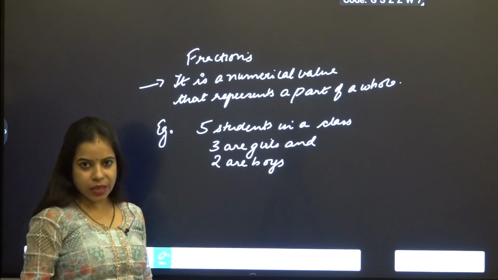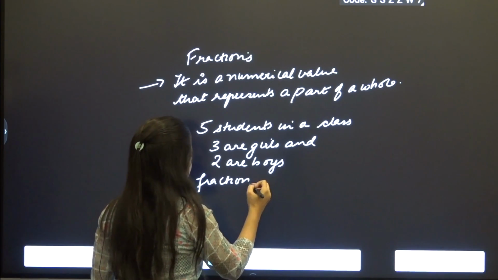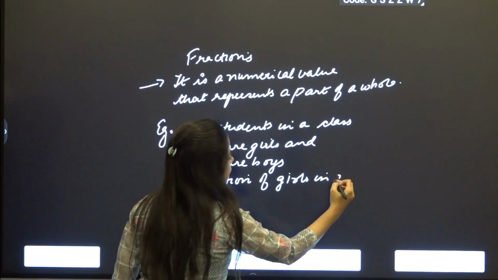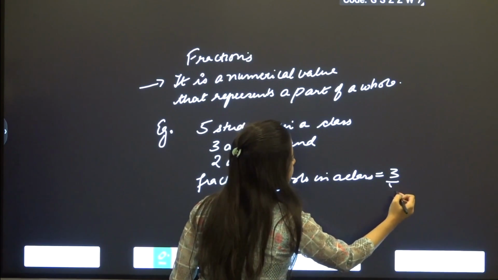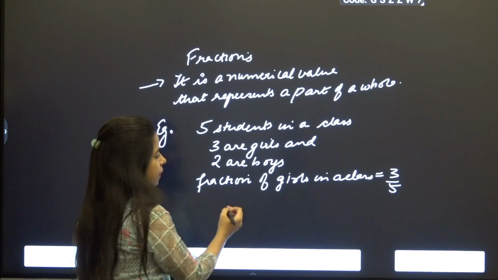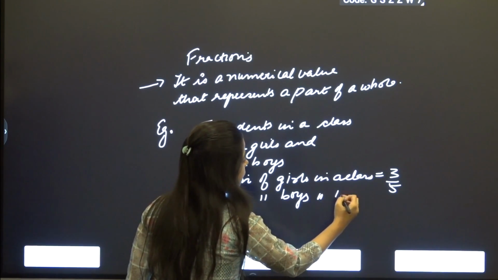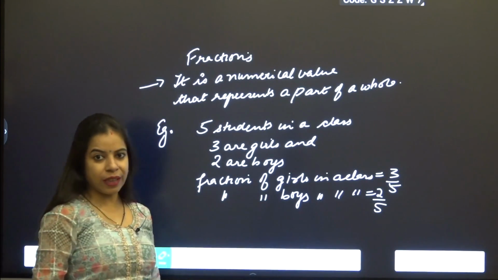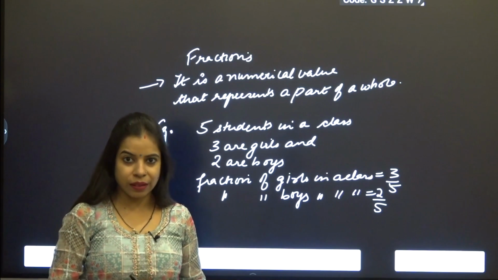Then we say that the fraction of girls in the class is 3 by 5 and the fraction of boys in the class is 2 by 5. And if we add 3 by 5 and 2 by 5, we get 1.